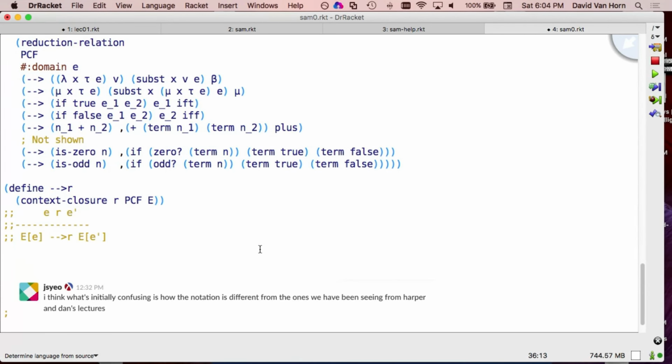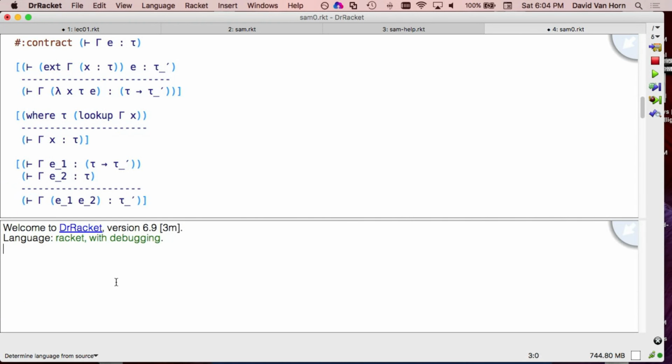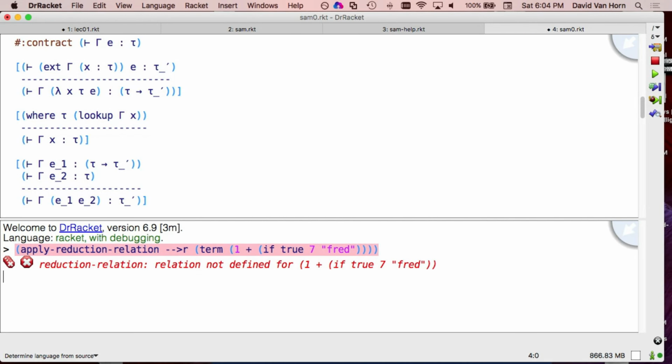So let's see. Let's now run a program. We did the apply reduction relation, but remember that just does once. That was my bad example. It just does one step of reduction.